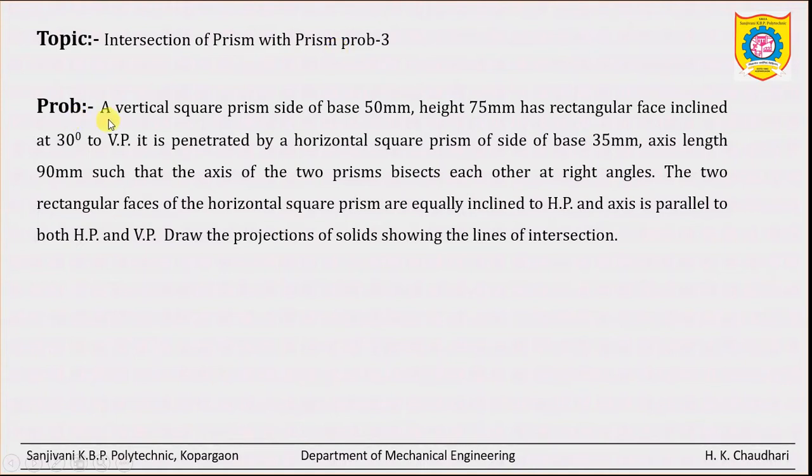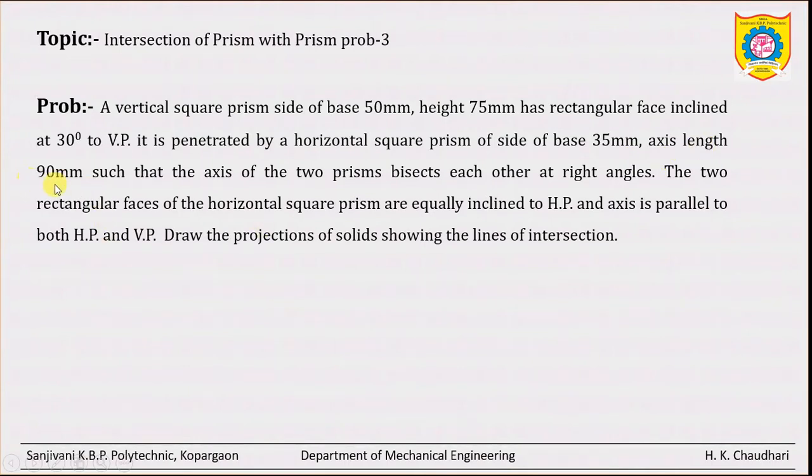A vertical square prism, side of base 50 mm, height 75 mm, has a rectangular face inclined at 30 degrees to VP. It is penetrated by a horizontal square prism of side of base 35 mm.